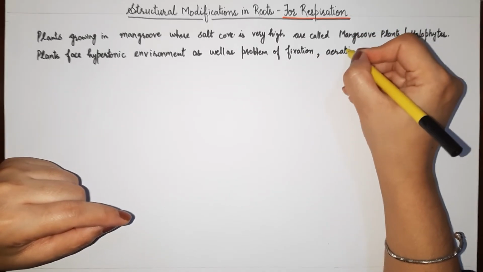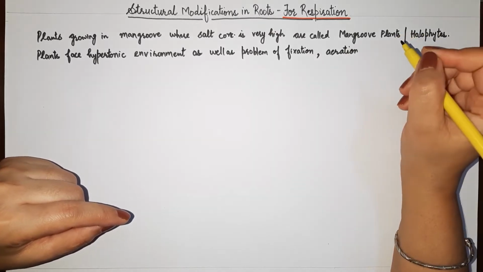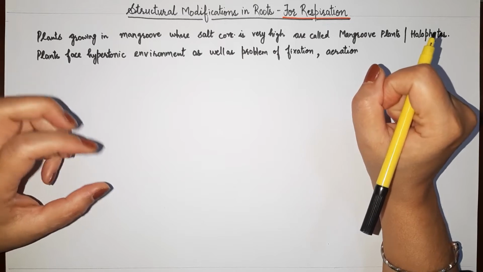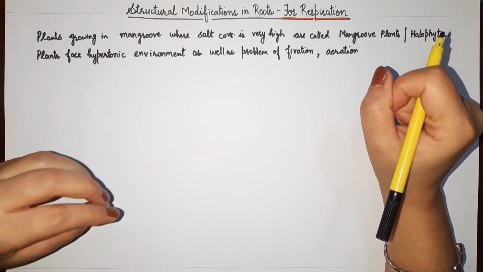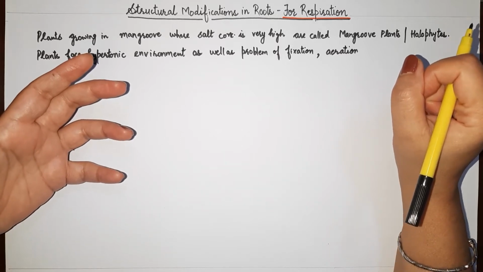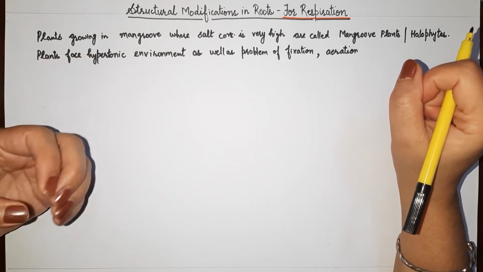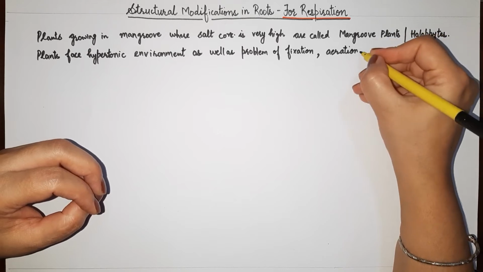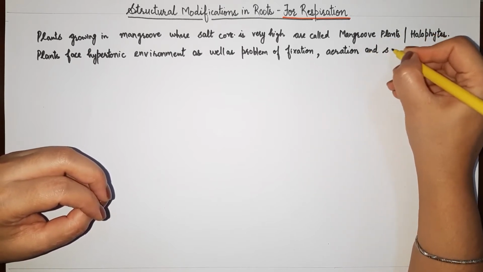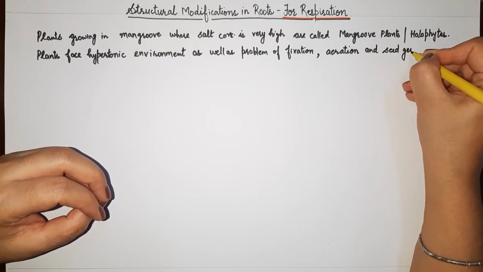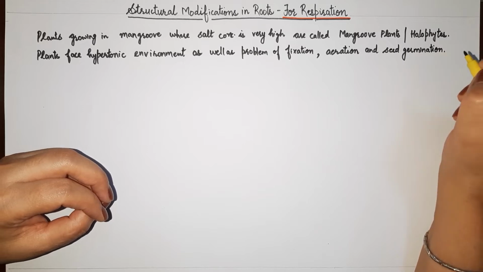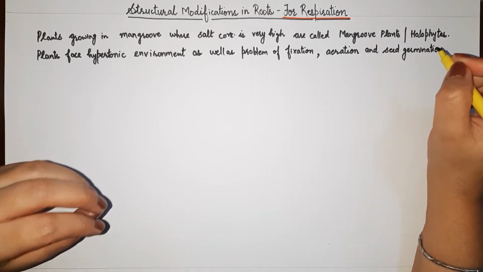Aeration. Now aeration, because the water is totally filling the gaps between the soil pores, because of which the soils have very poor aeration. So again another adaptation is required, in which structures develop where lenticels are present, which are meant to compensate this part. And seed germination. Now since the soils have high salt concentration, the germination of seeds in the soil beds is not possible.